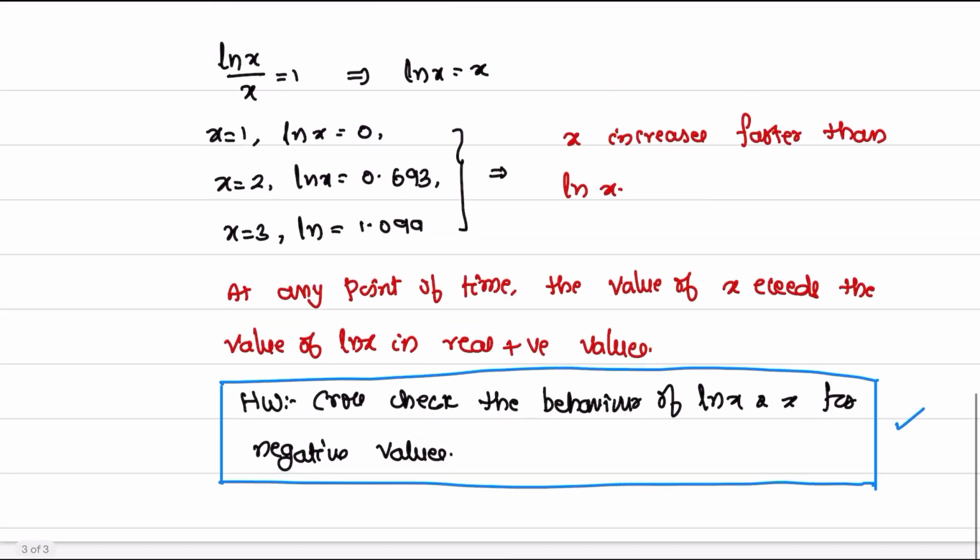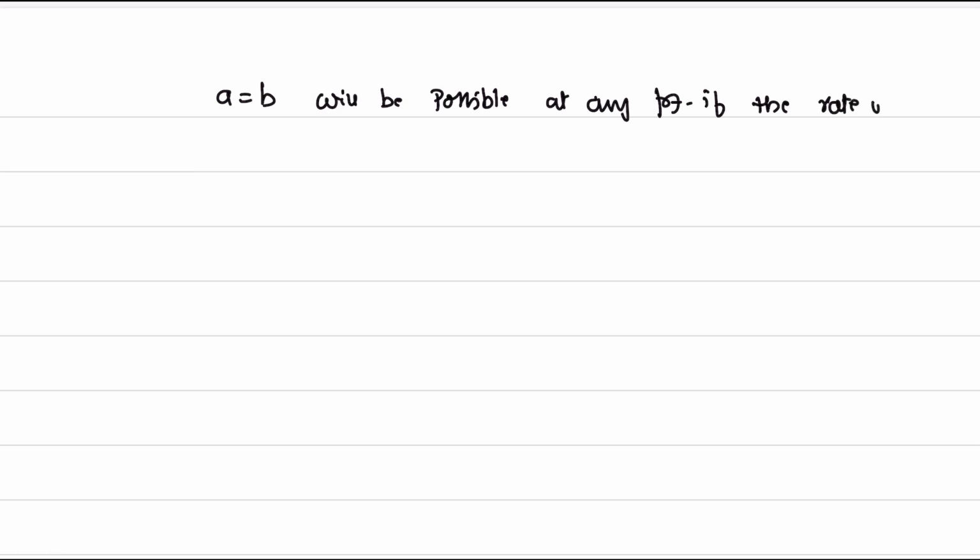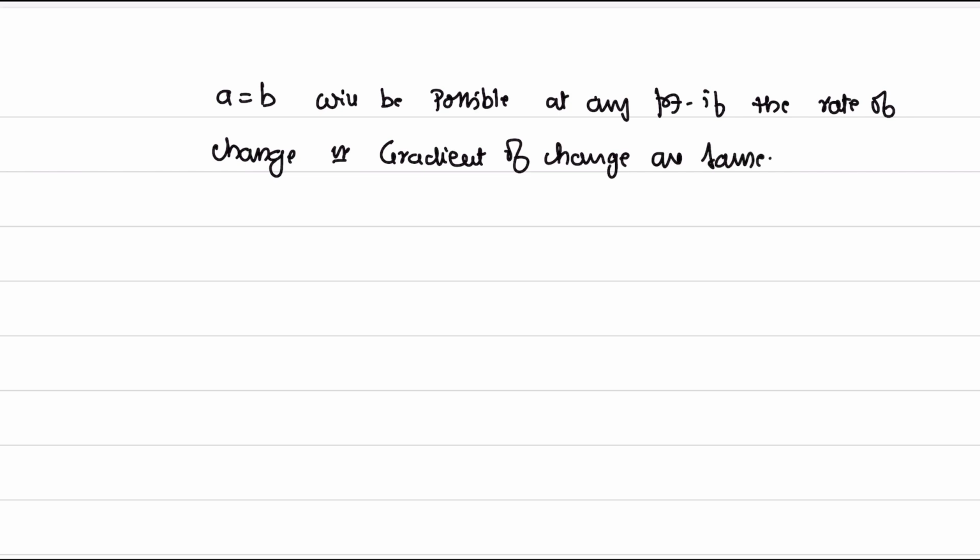Now, when some value a is equal to b, it will be possible at any point if the rate of change, or gradient of change, of both are the same at any point.